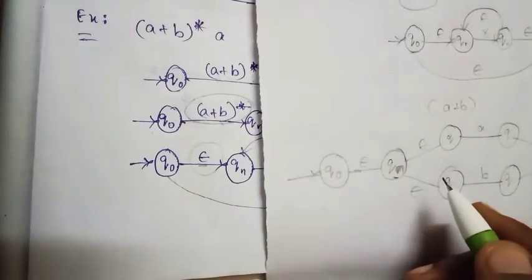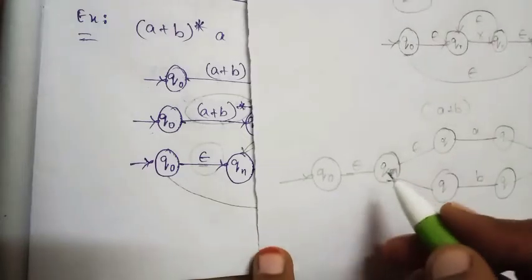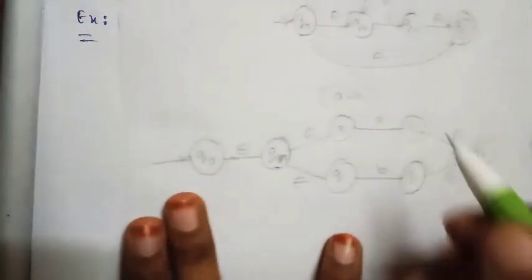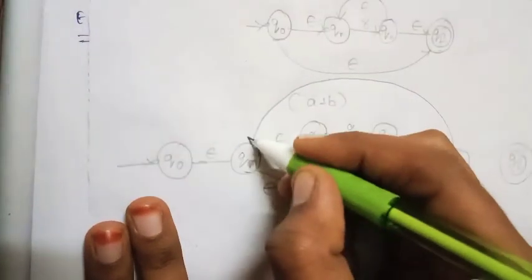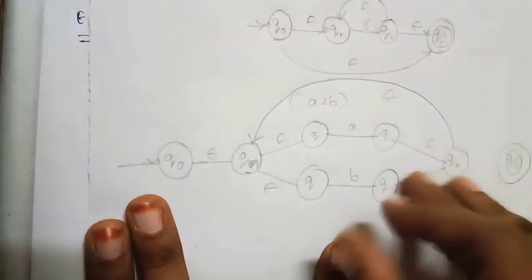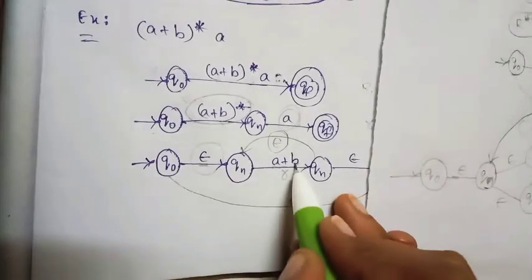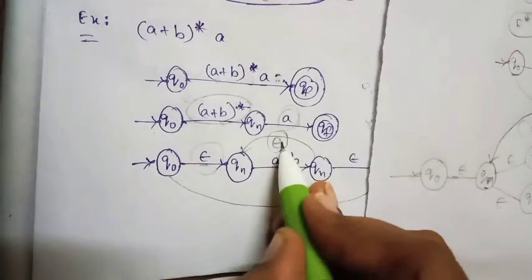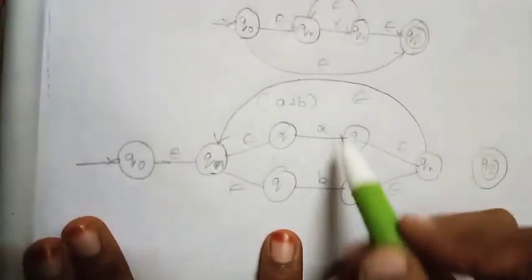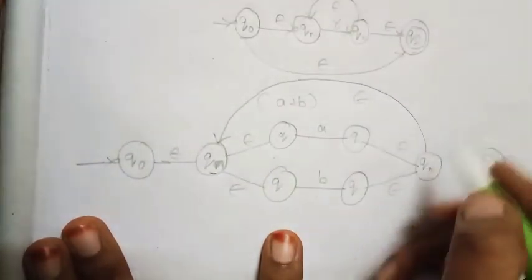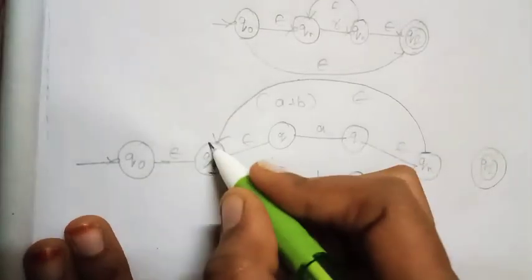Then for whole A plus B we need to take the epsilon. That means from this state to this state we are taking epsilon. See guys, here for whole A plus B I took epsilon here. So here also, for whole, this is the A plus B form. No, I just expanded it. So from whole A plus B I took epsilon.